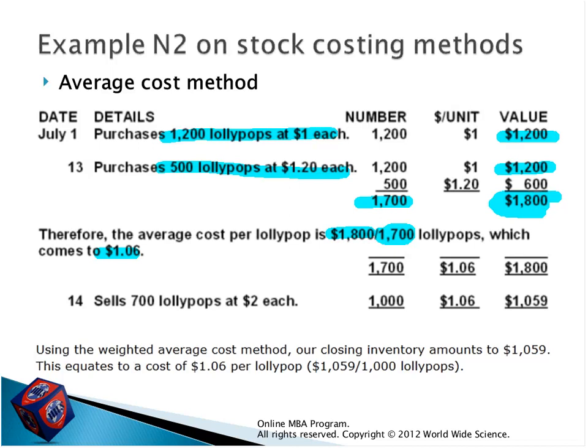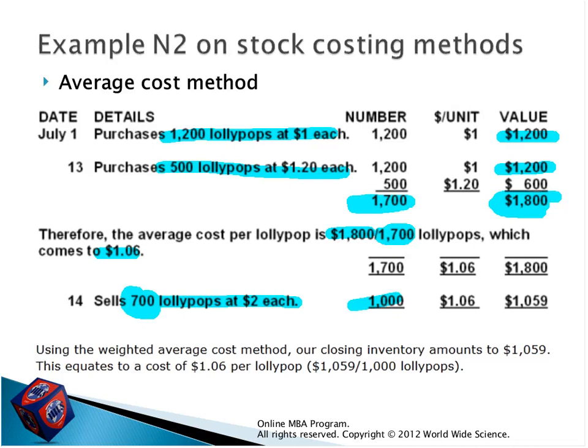And then she sells 700 lollipops at $2 each, as we know from the assignment. For the calculation, you take 1,700 lollipops, the total inventory, and deduct your selling units, which is 700, and you get the balance of 1,000 lollipops.